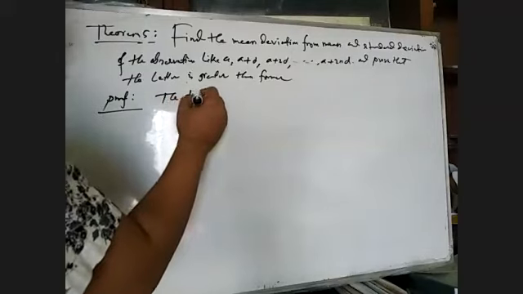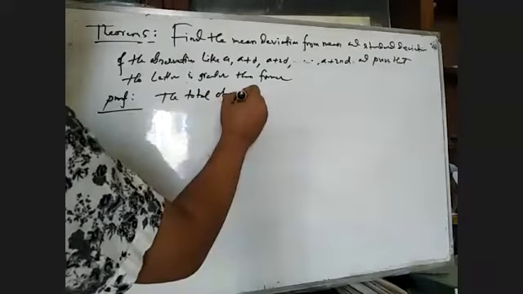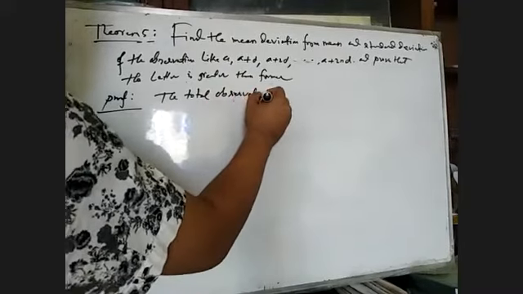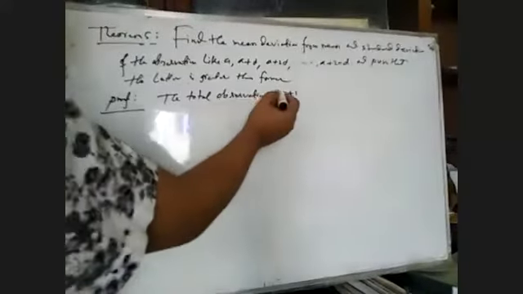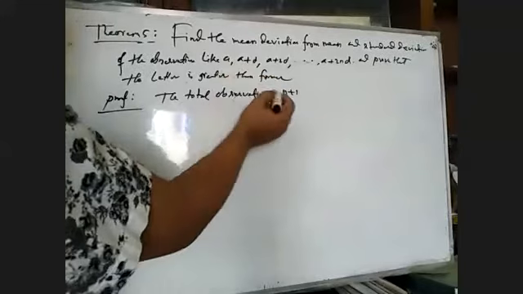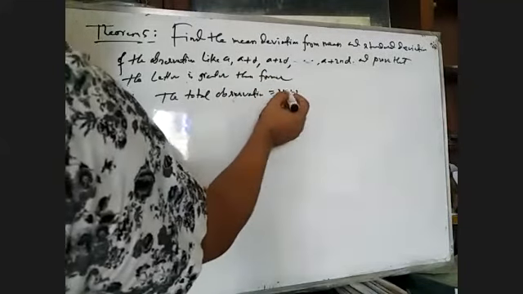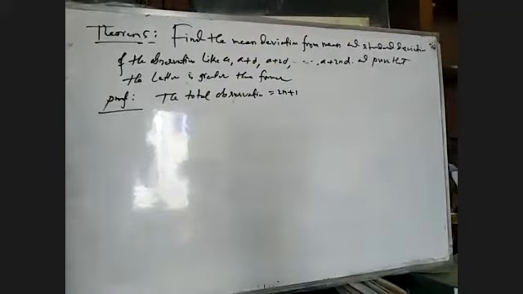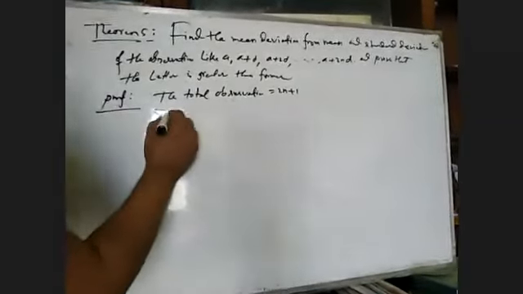The total number of observations equals 2n plus 1, because for n equals 0 we get the first term, for n equals 1 the second term, in this way. Okay, there are 2n plus 1. Their arithmetic mean, x bar, what will be?